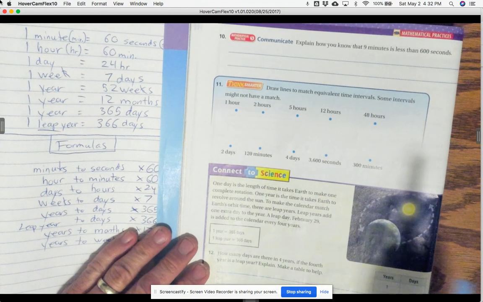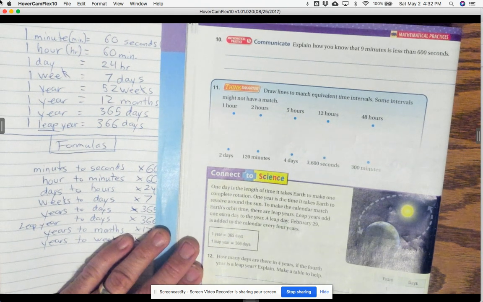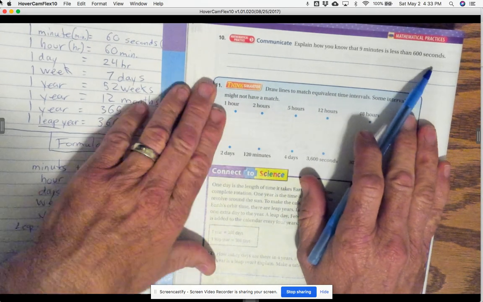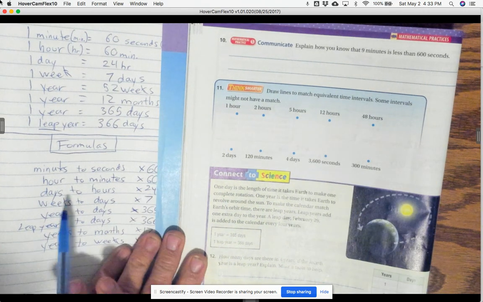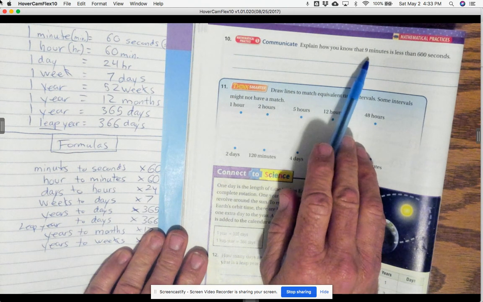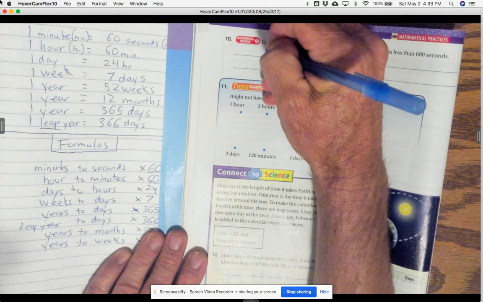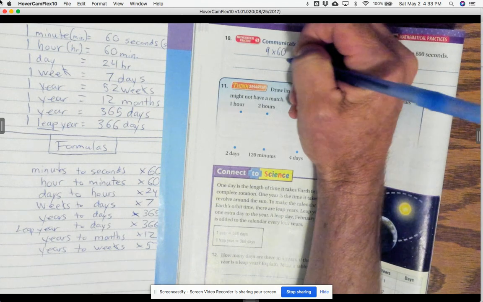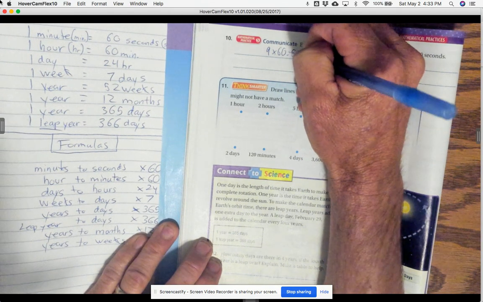Second page does not have too many problems. One, several here to match, and then a couple down here at the bottom. Up here at the top, explain how you know that 9 minutes is less than 600 seconds. Well, minutes to seconds times 60. 9 times 60 is, well, 9 times 6 is 54, and then we have that 0 there that we have to add.